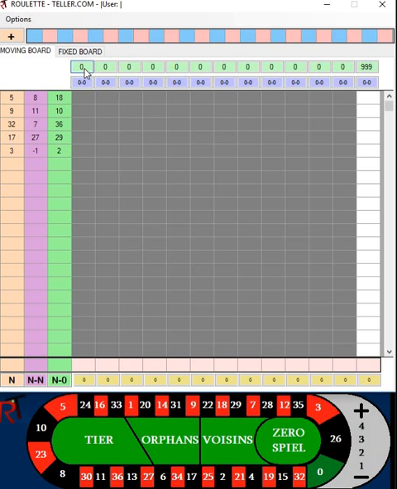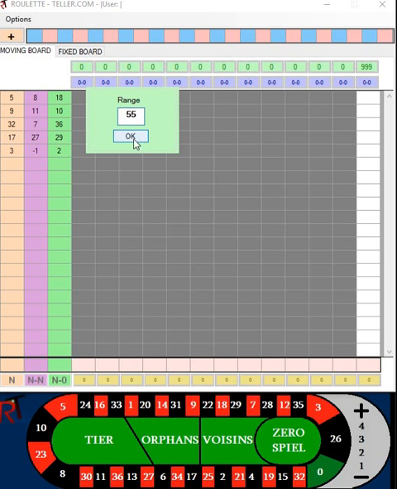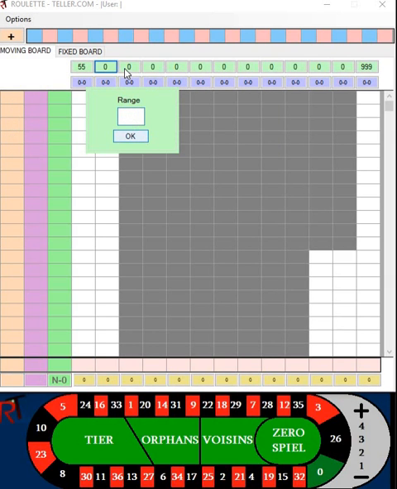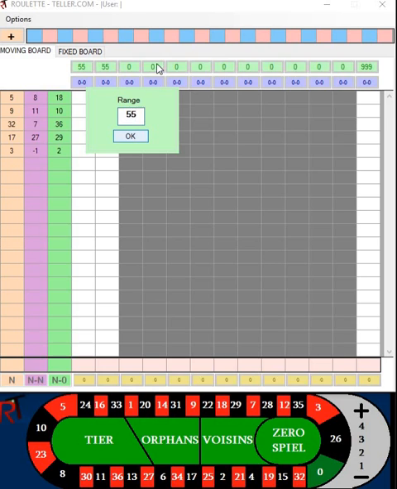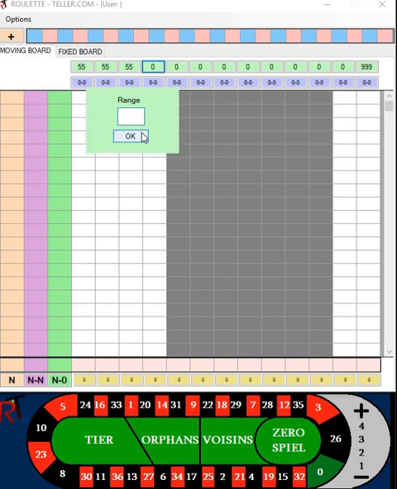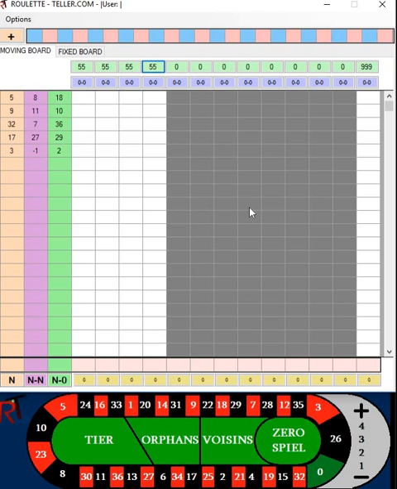For example, let's enter 55 in few of them. And now we will be able to see the range of 55 numbers beneath it.